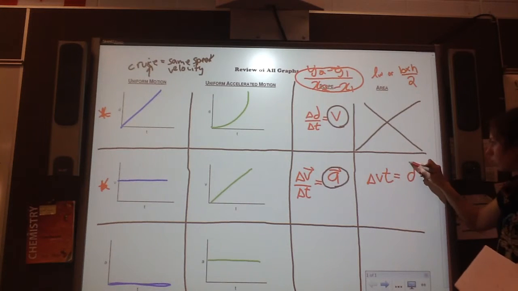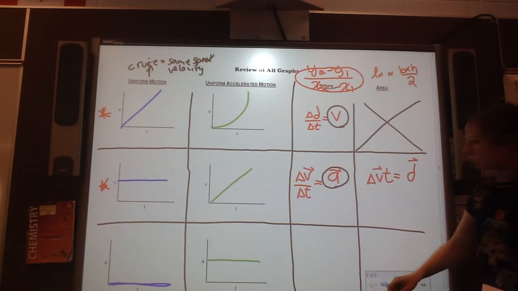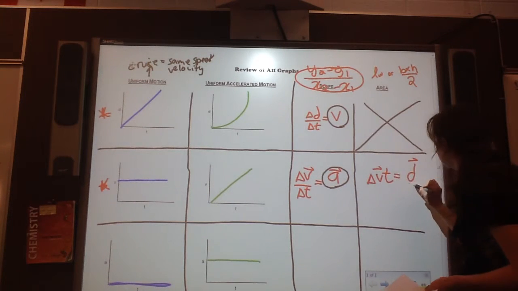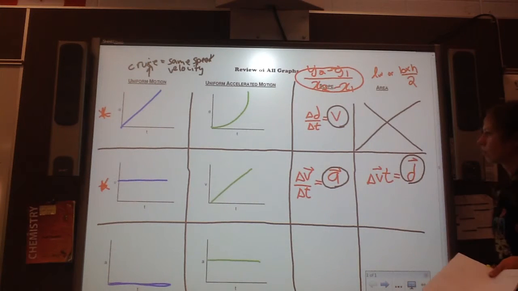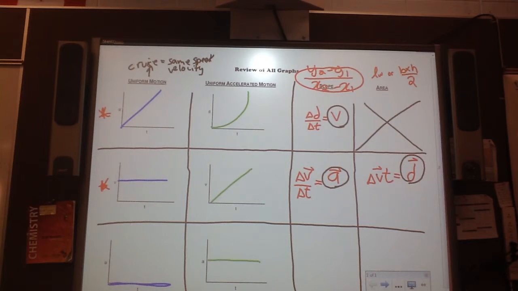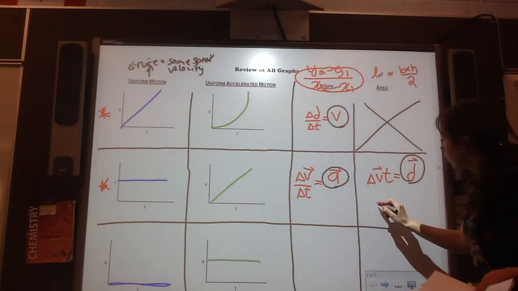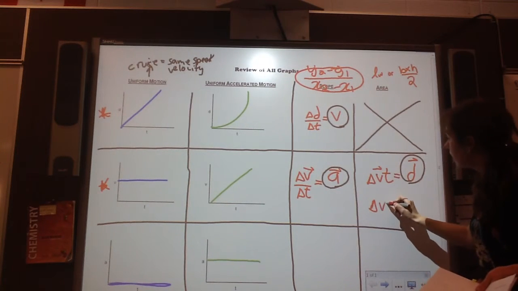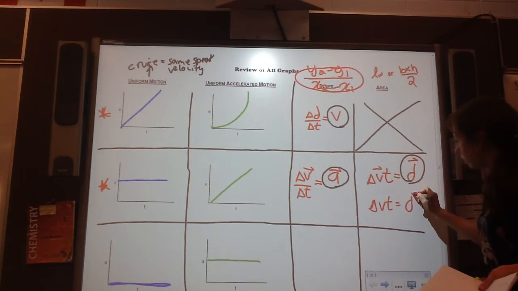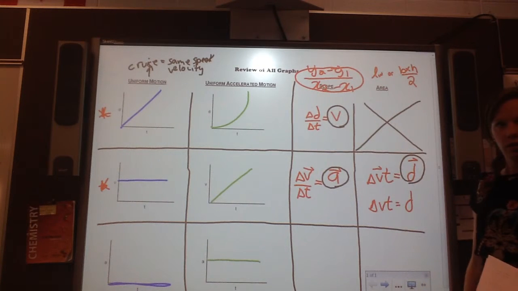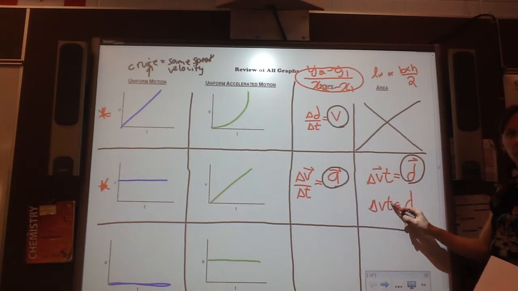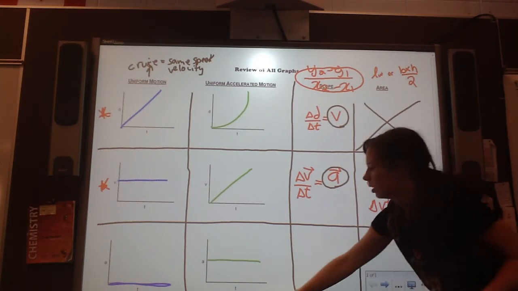Displacement. Now, if it's a speed, you could also have delta V times T equals distance. So either speed time or velocity time.